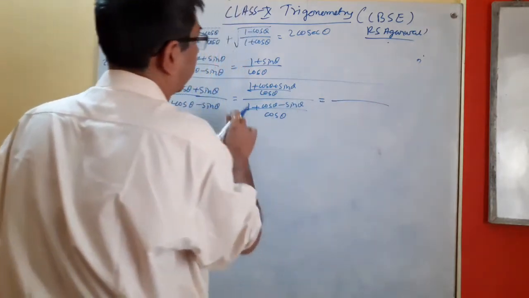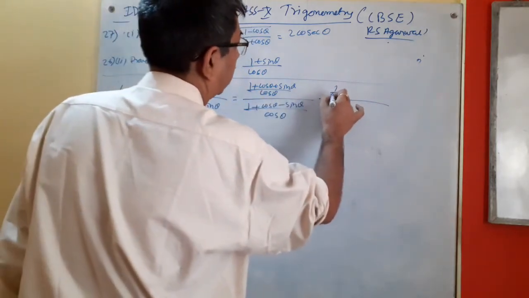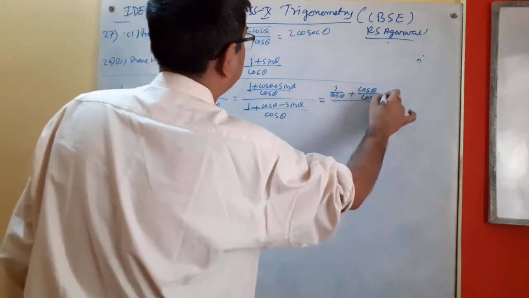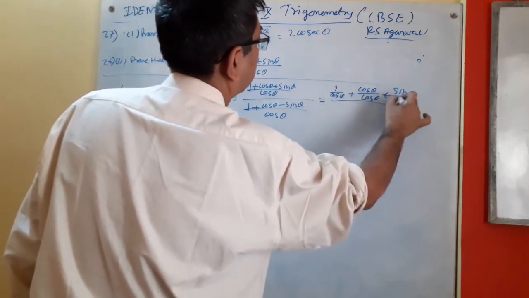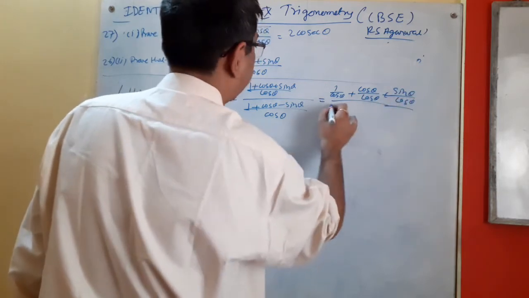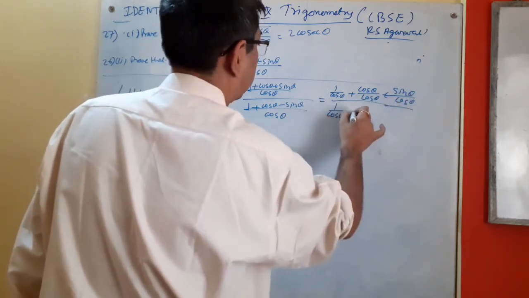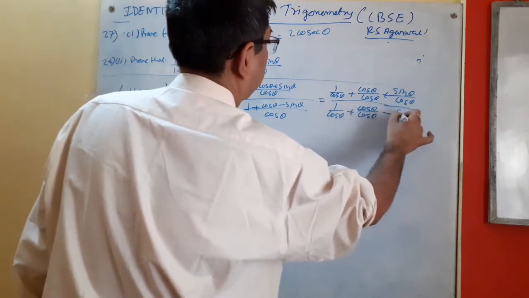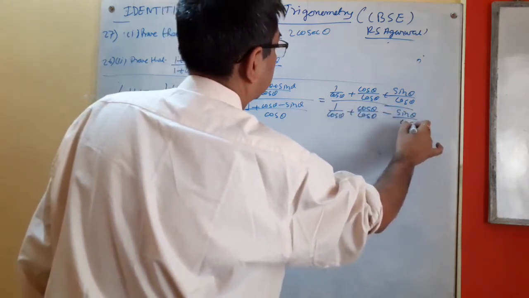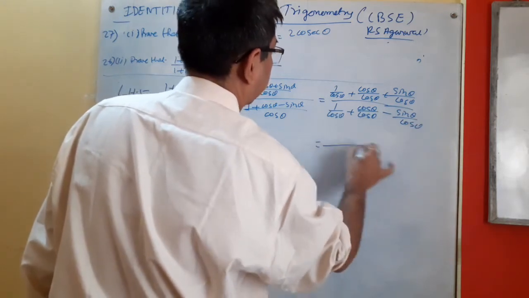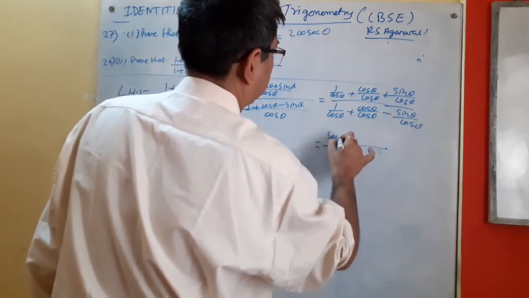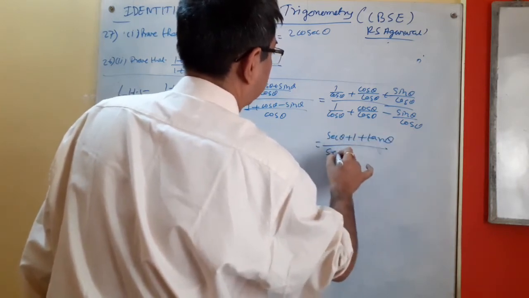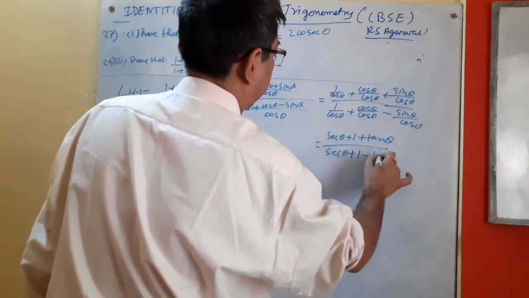So what we are getting, look, 1 by cos theta plus cos theta by cos theta plus sin theta by cos theta. And here we are getting 1 by cos theta plus cos theta by cos theta minus sin theta by cos theta. So we are getting sec theta plus 1 plus tan theta by sec theta plus 1 minus tan theta. Right?